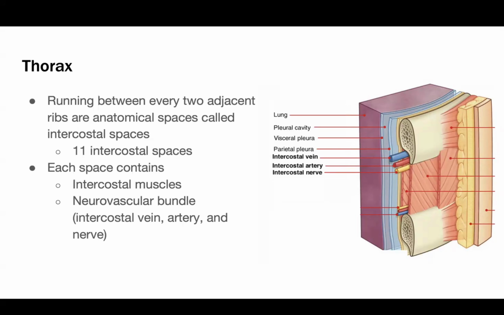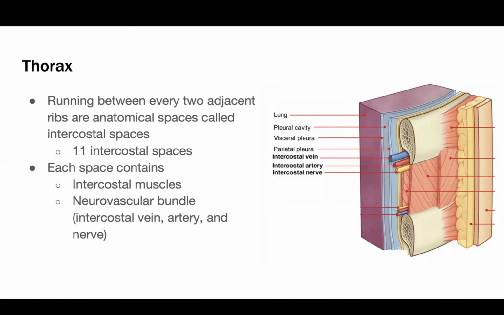The neurovascular bundle is the intercostal vein, artery, and nerve that runs in that exact pattern in a groove along the inferior border of the rib. So, in lab, you're gonna want to look at the inferior margin of a rib, find the little groove, and from superior to inferior, you've got intercostal vein, artery, and nerve.